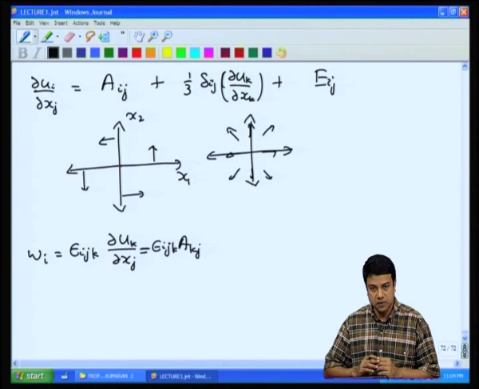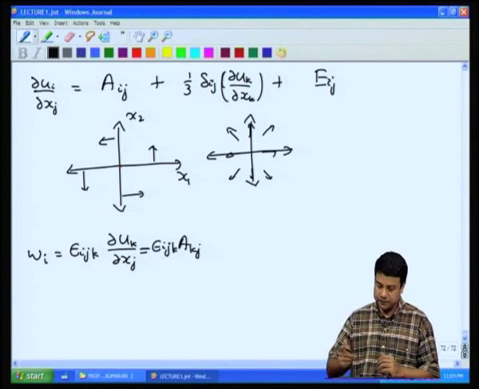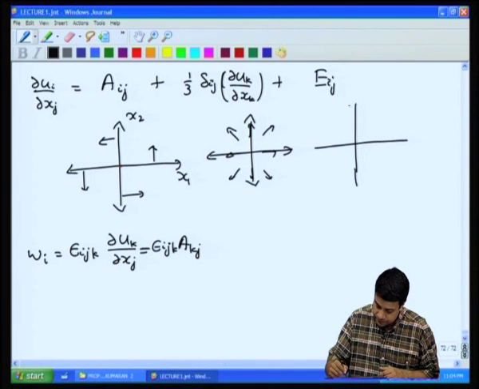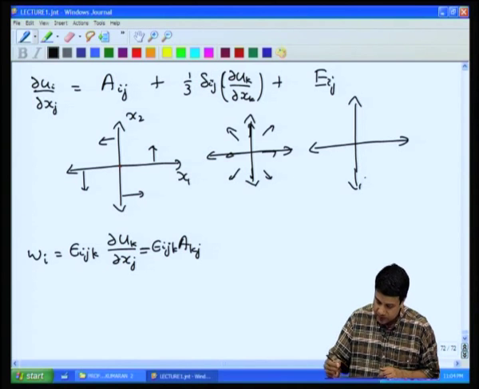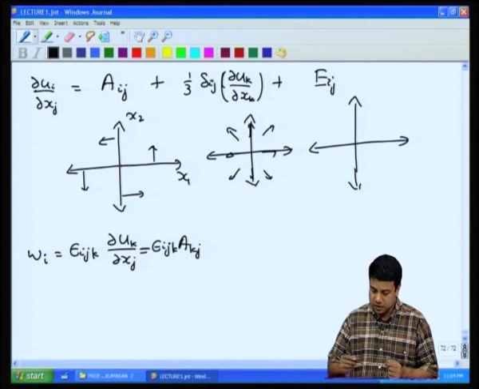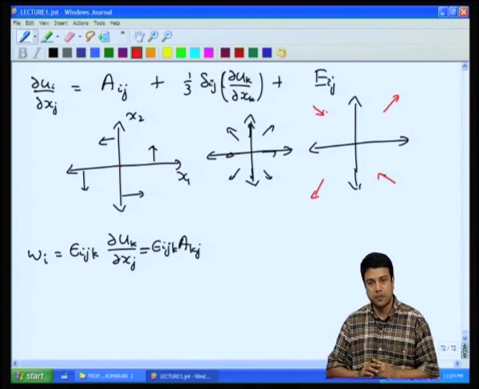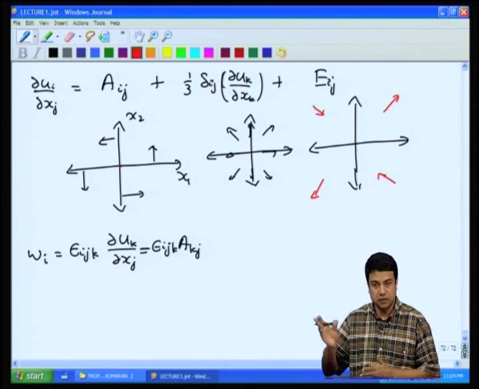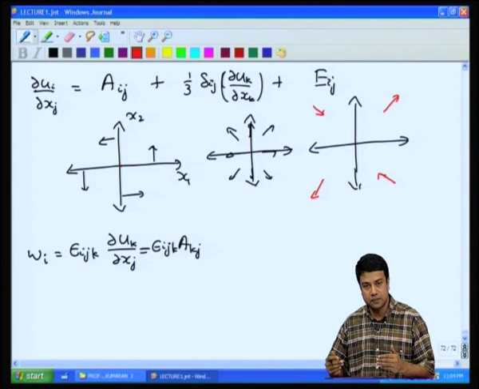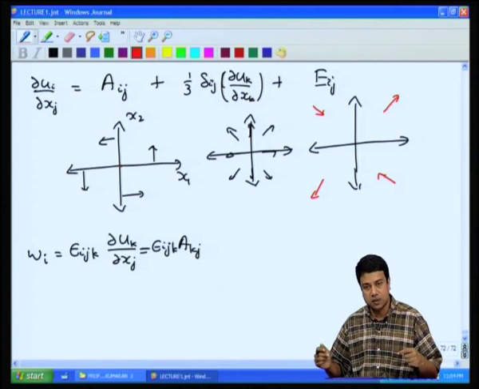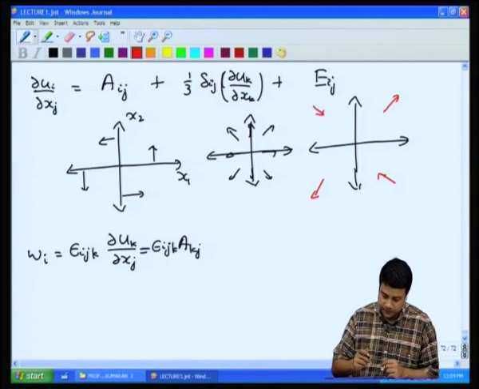And the third part was pure extensional strain. Okay. We had seen in the last class that this resulted in a deformation in which you have expansion along two axes and compression along the perpendicular two axes. So, there is one extensional direction and one compressional direction in two dimensions.